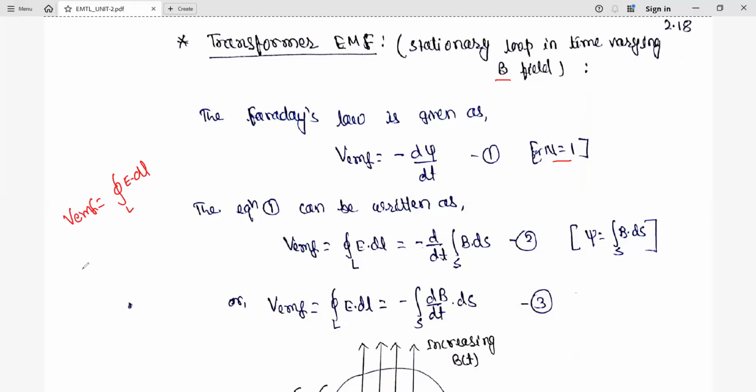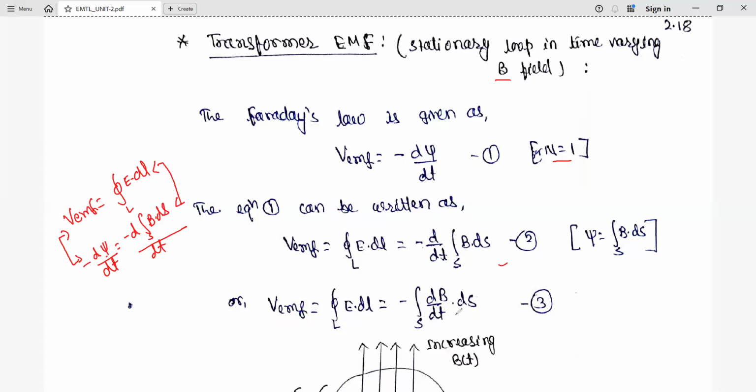And another term from the first equation, the RHS is minus d psi by dt. This is the total flux, given as the surface integral of B dot ds, divided by dt. Now the LHS terms are equal, so the RHS is also going to be equal. On the basis of that, we got equation 2 here.